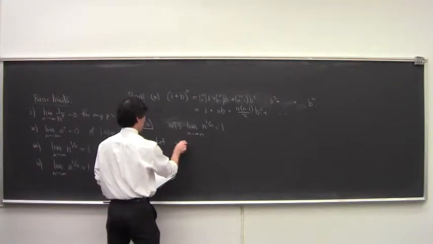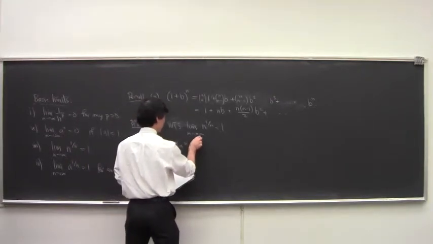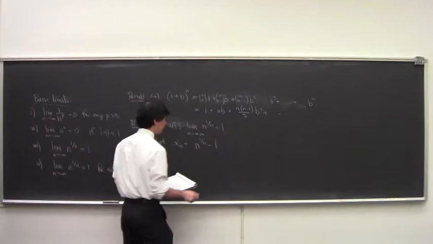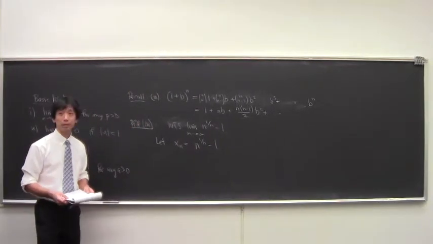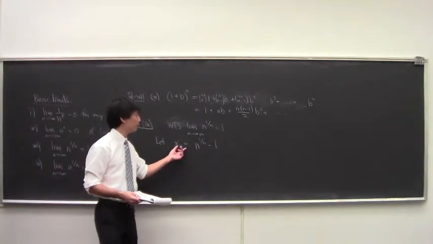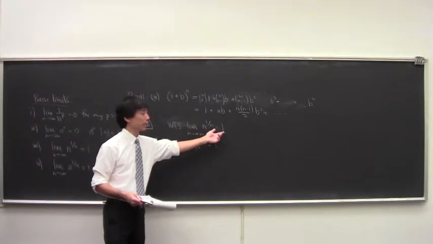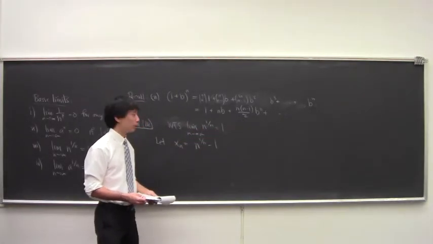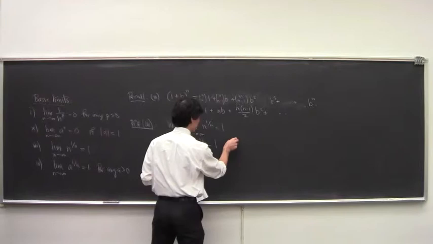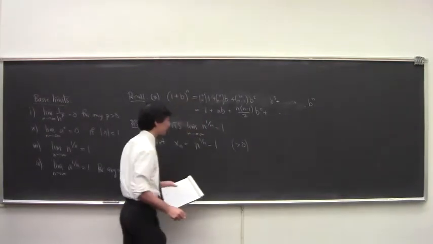Let x of n be n to the 1 over n minus 1. So it's the distance between this thing and the limit, and it's positive. Notice that it's positive.